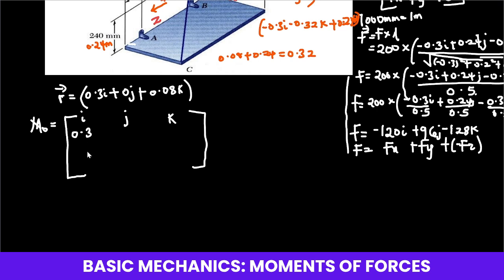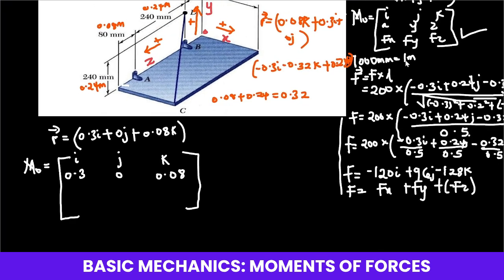Then the next one we are having our 0j here. Then lastly, we are having our k to be 0.08 here. Now we can easily put our forces over here, right? Because from this, we said that the force over here is with Fx, Fy, Fz.